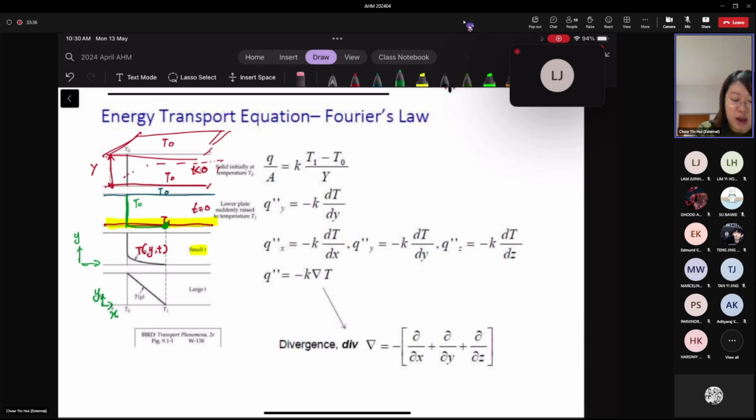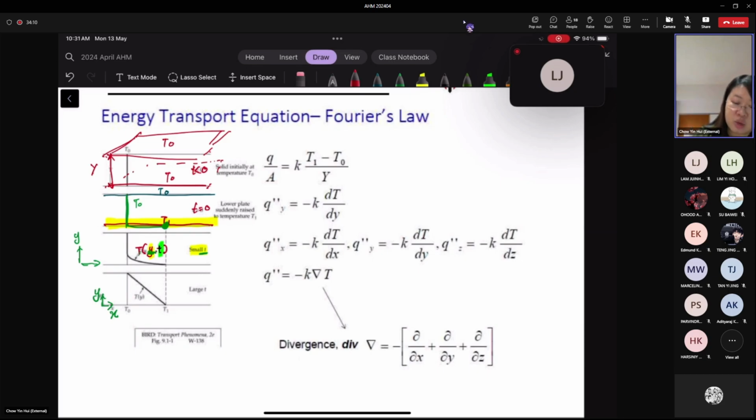At a very small time t, your temperature profile is not developed yet. You can notice that the temperature varies with the position from the lower plate, and at the same time it also varies with time. Because at very small time t, the more energetic particles transfer some energy to the lower energy particles, but the energy transfer hasn't penetrated deep enough into the solid yet.